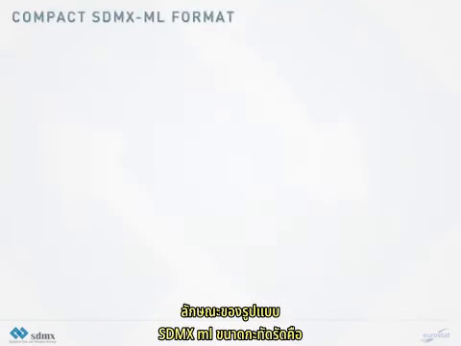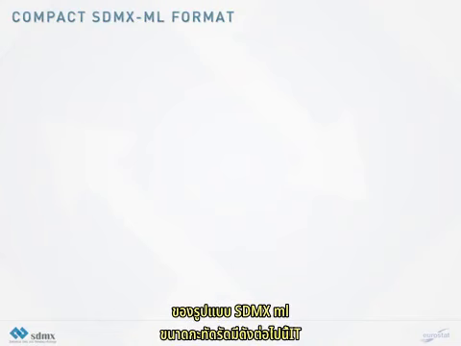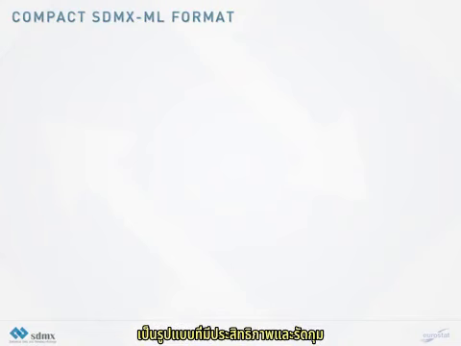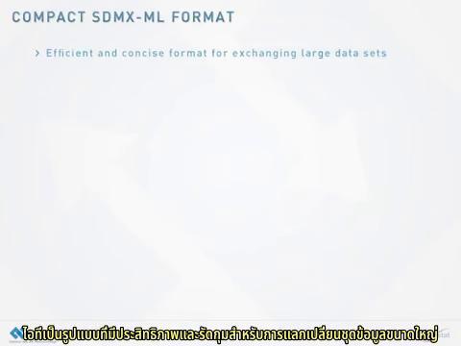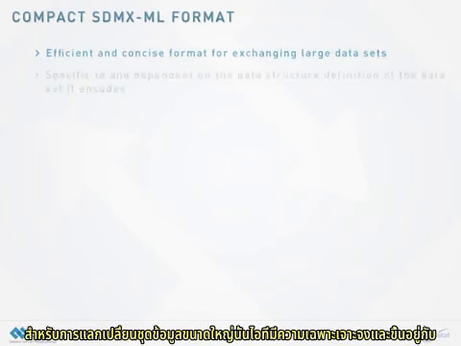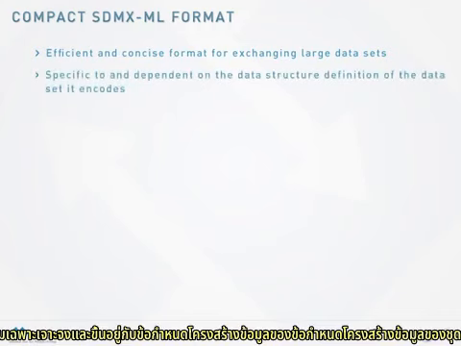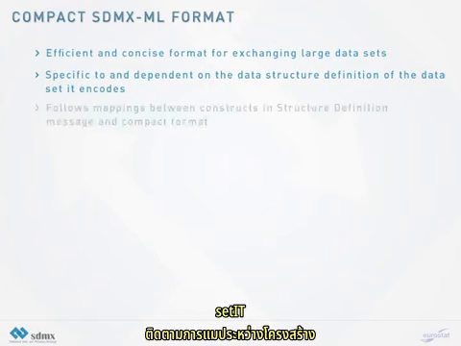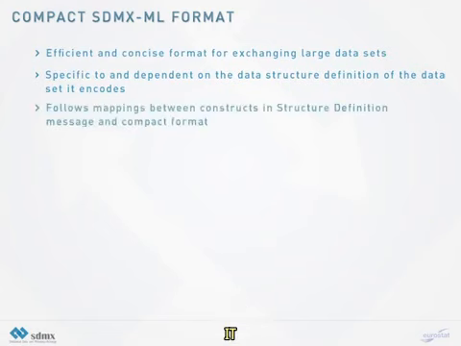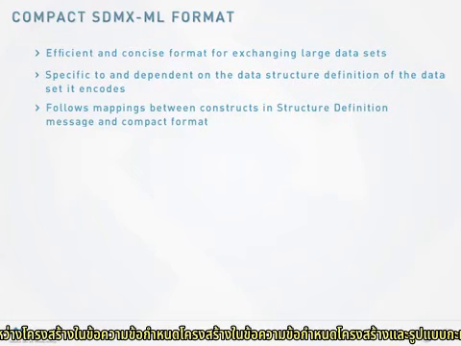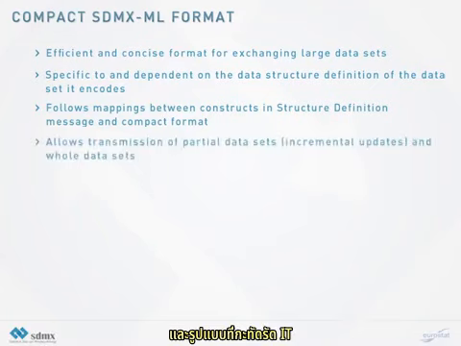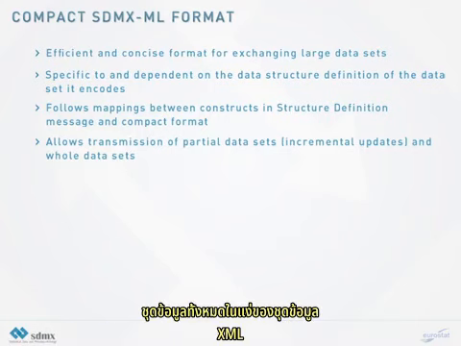The characteristics of the compact SDMX ML format are the following. It is an efficient and concise format for exchanging large datasets. It is specific to and dependent on the data structure definition of the dataset. It follows mappings between constructs in the structure definition message and the compact format. It allows transmission of partial datasets and whole datasets.